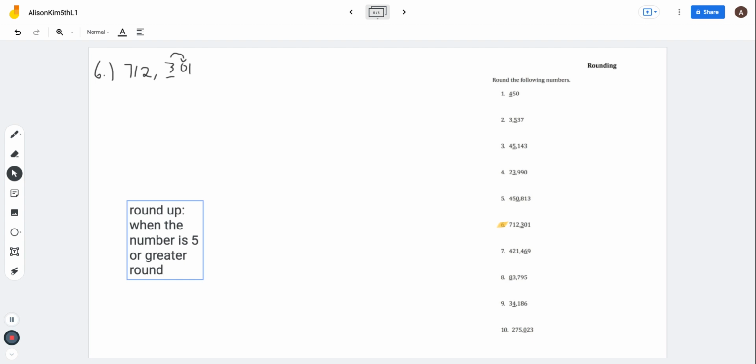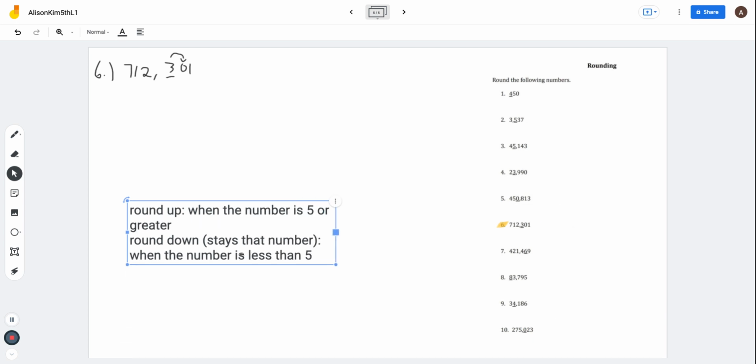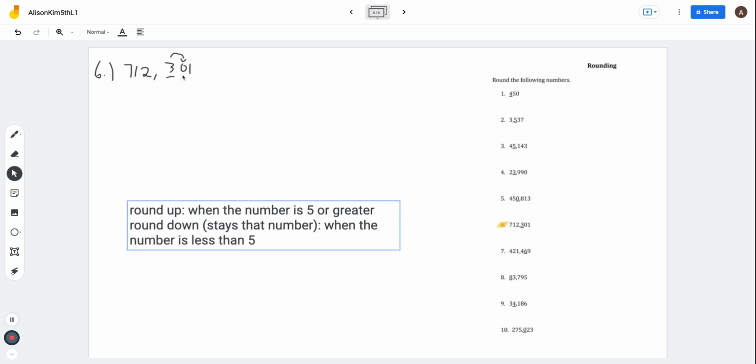And then you round down, which basically means it just stays that number, when the number is less than 5. So you round up when the number to the right is 5 or greater, and you round down, or it stays the same, when the number is less than 5. When I say stays the same, I mean the underlined number. And then the numbers behind it turn into zeros. That's what always happens when you round.